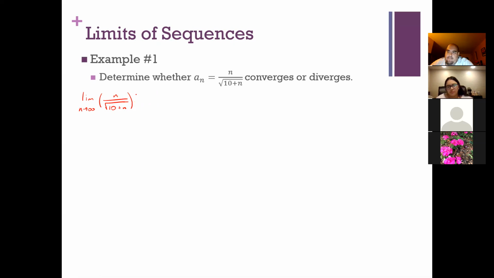Can we do that rule, the whole L'Hopital's rule? Oh, L'Hopital's rule. Yeah. I can't really use that here, because L'Hopital's rule is for continuous functions.